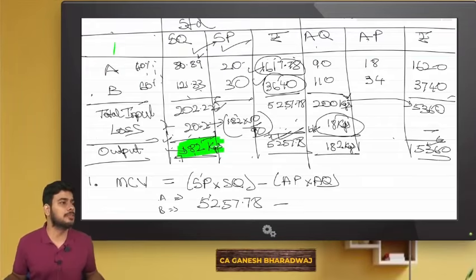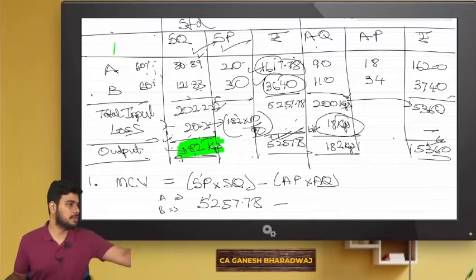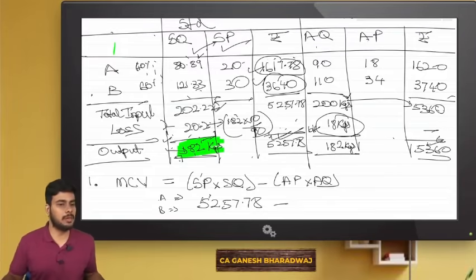Correct or not? You're not understanding? Okay, fine. You tell me, standard quantity of A into standard price of A is how much? 1617. Standard quantity of B into standard price of B is how much? 3640.